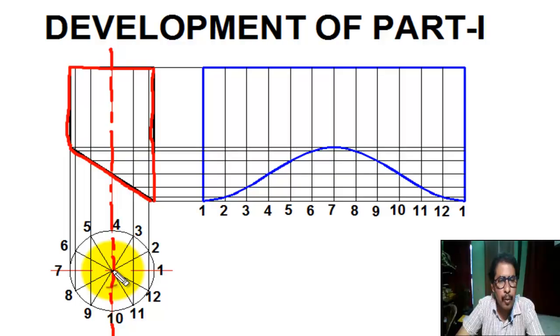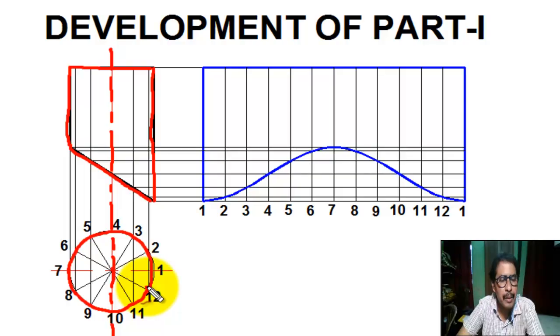Draw with this center line a circle of diameter phi 24. Draw the circle equal to 24 diameter.